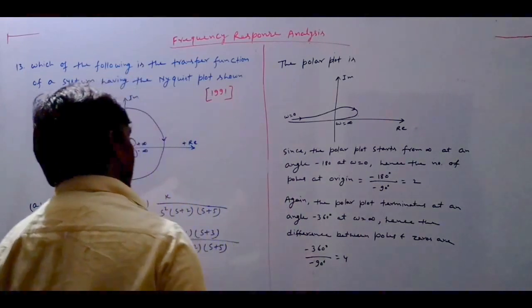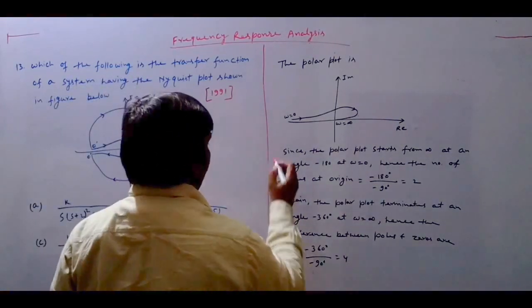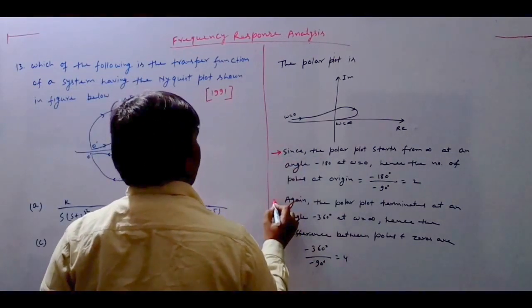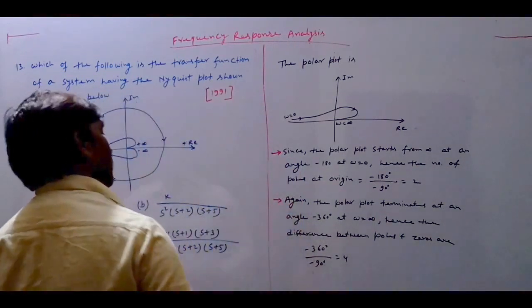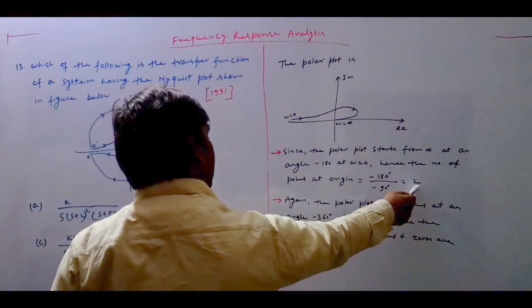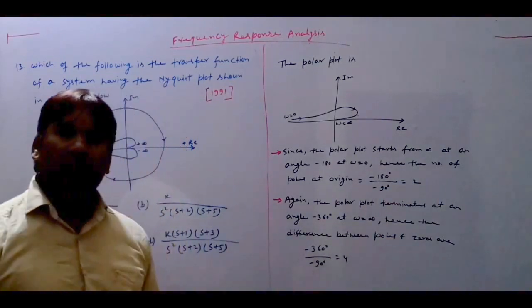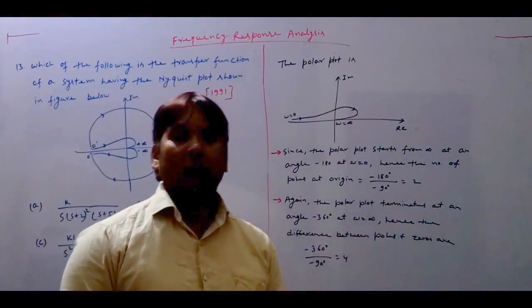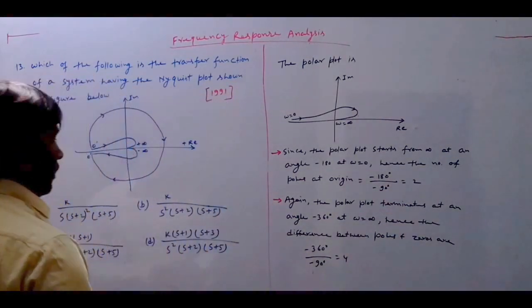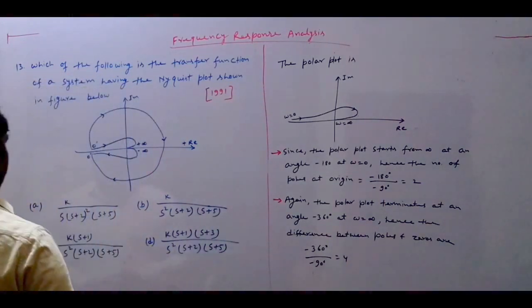So these are the 2 points. Means the open loop poles at origin must be 2 and the difference between number of poles and zeros must be 4. So let us see which one is the correct one.